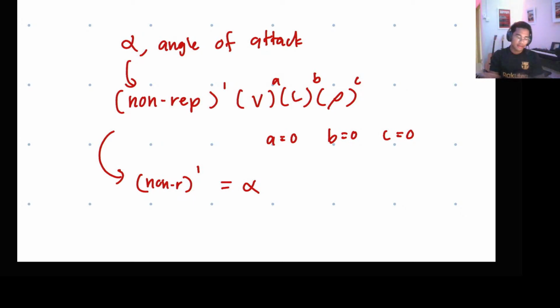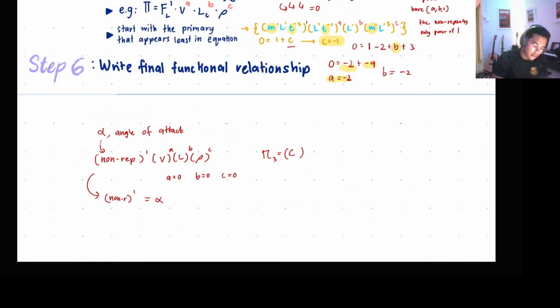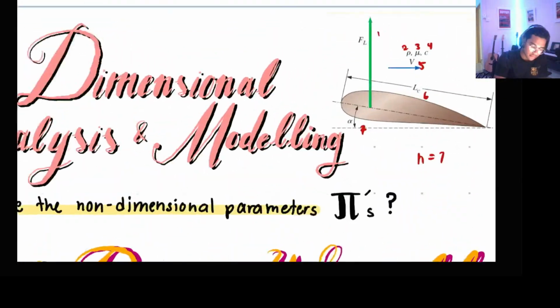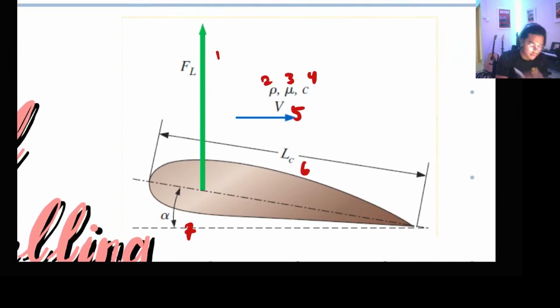So that makes sense. One more thing is the third one, which is C. Let me scroll up here. Let me highlight which one is the non-repeating and the repeating one. What we choose as the repeating is the velocity, the length, and also the density.